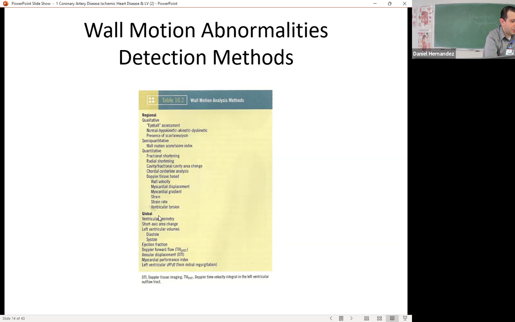This would be regional assessment. And then we can look at global assessment for our wall motions. Those would be things like EF, again some of our tissue Doppler measurements, ejection fraction, volume changes.